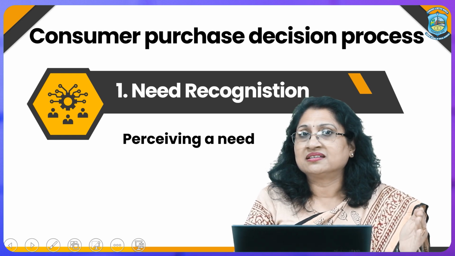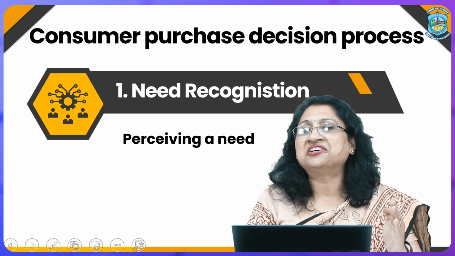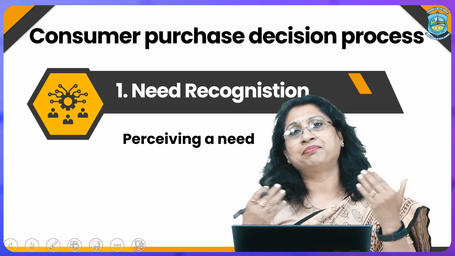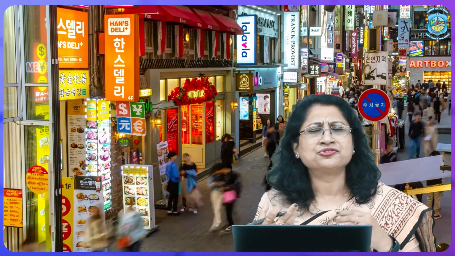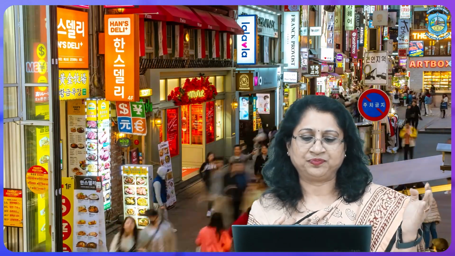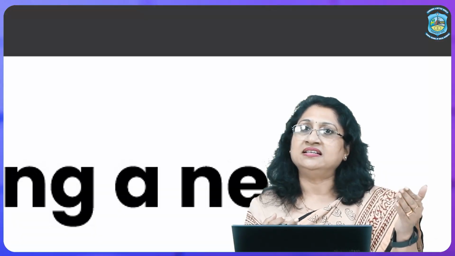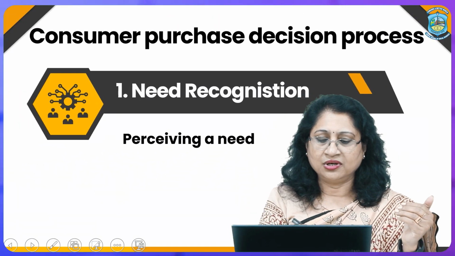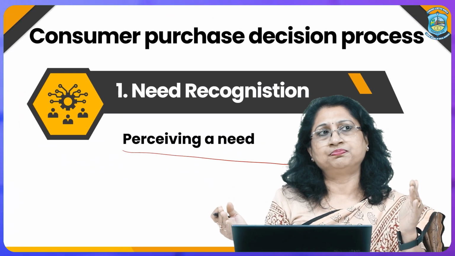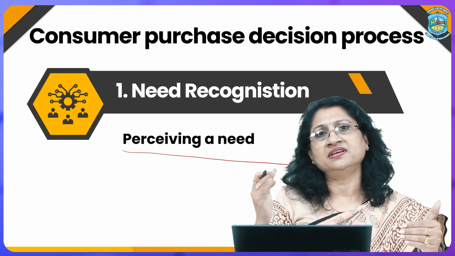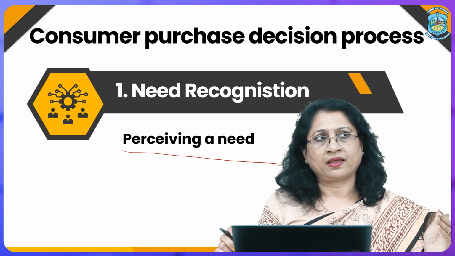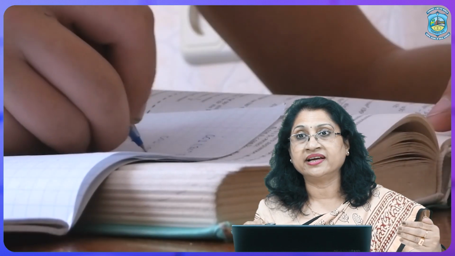As we said, need recognition. When I want to buy a product, there has to be a need that is aroused. You call it need arousal. We identify that there is a need for a particular product, so it is about perceiving a need. I need a pen to write.